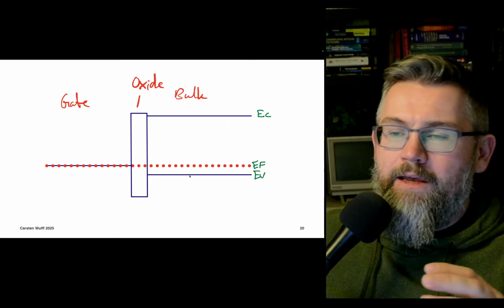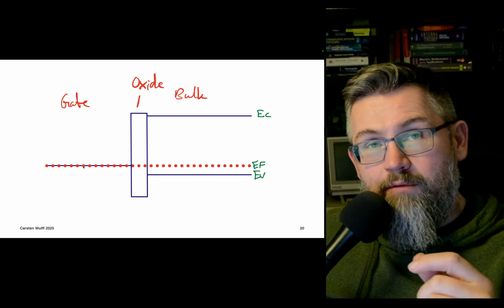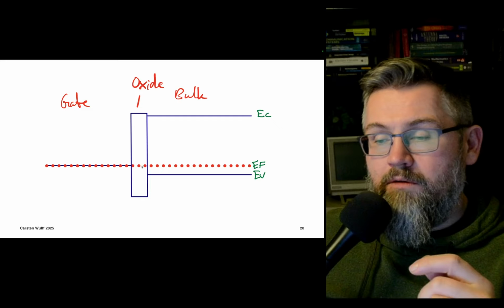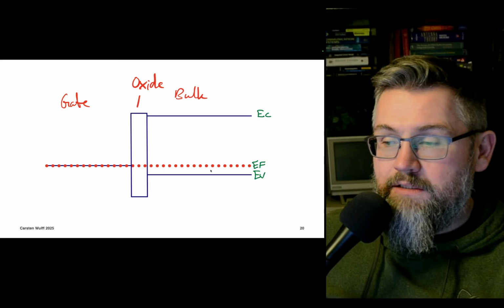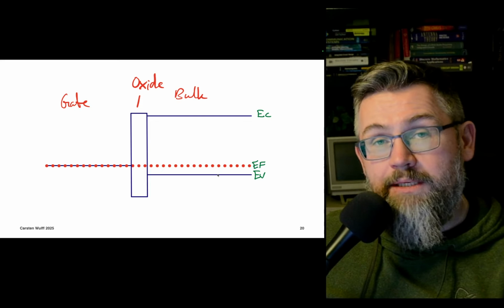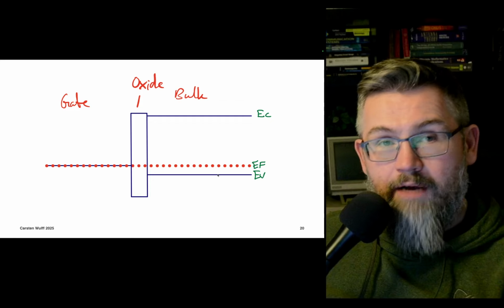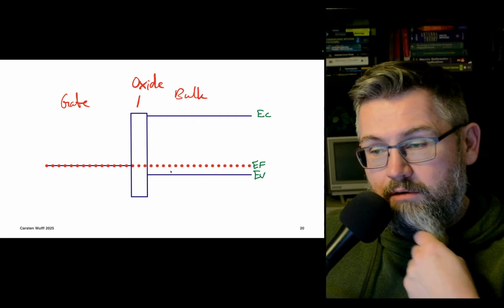But in principle, assume the Fermi level of the metal gate aligns with the Fermi level of the silicon, and we can see that in this case, since the Fermi level is close to the valence band, we have a p-type semiconductor. We have an abundance of holes. There will be mostly holes here as free carriers.